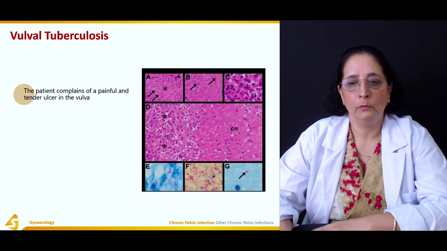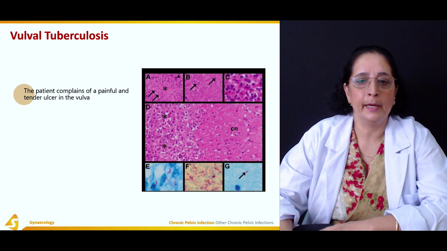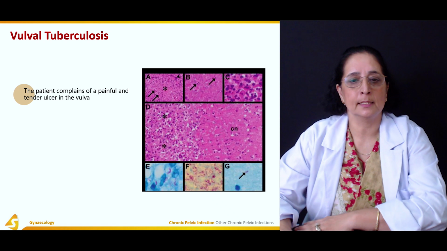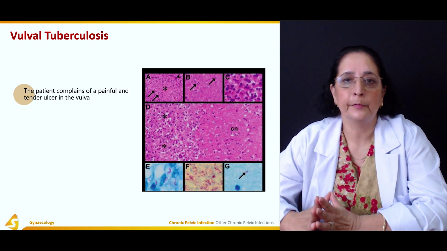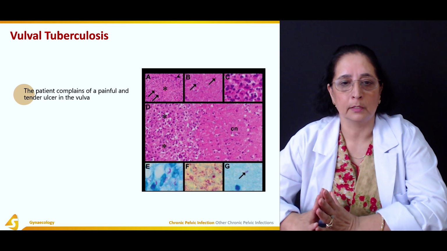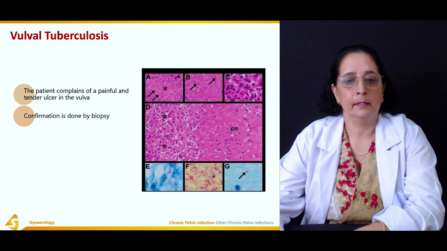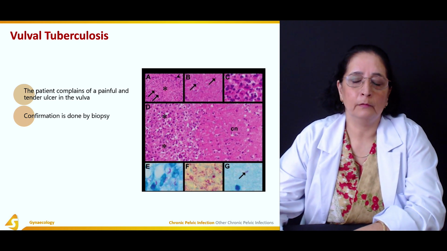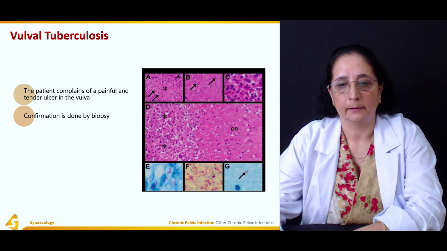In vulval tuberculosis, the patient usually complains of pain and tenderness in the vulva, and an ulcer is usually present in the vulva also. The confirmation of vulval tuberculosis is done by biopsy.